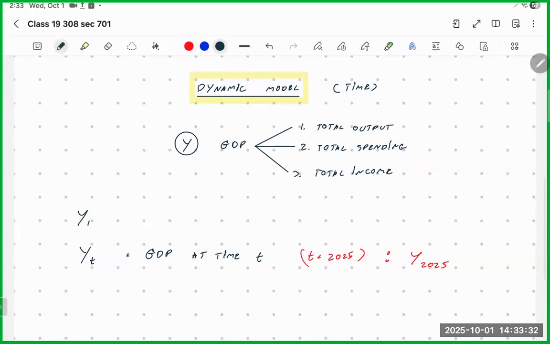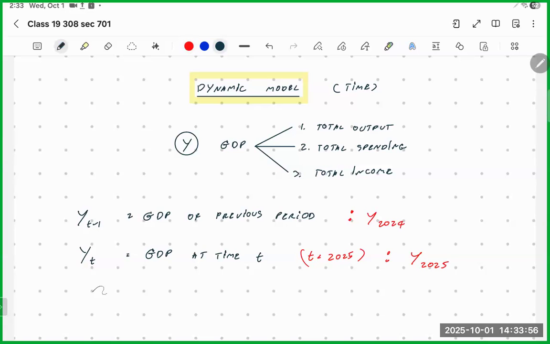If I write Y_t minus 1, it is the GDP of the previous period. If Y_t is 2025, then Y_t minus 1 is Y 2024, one year earlier.